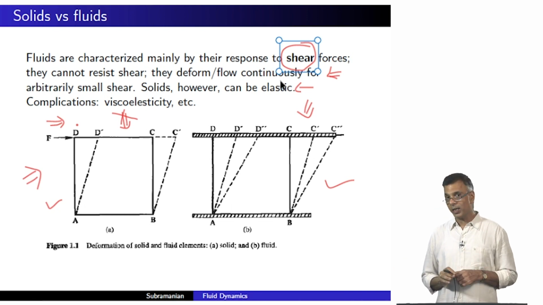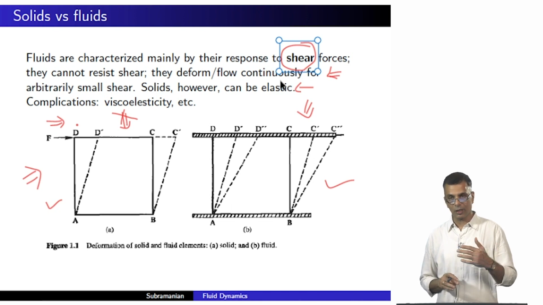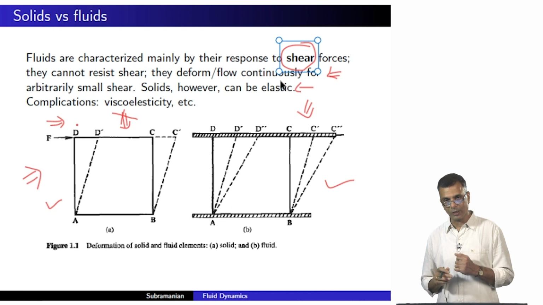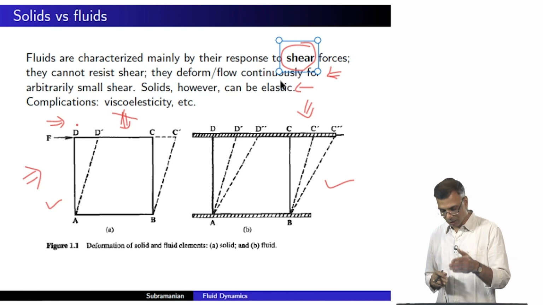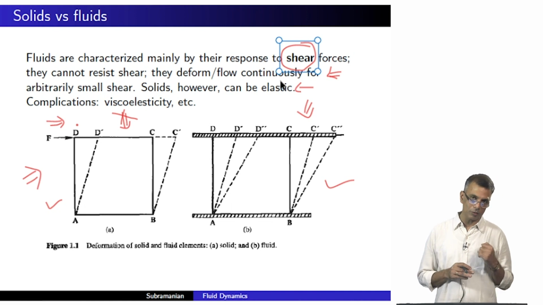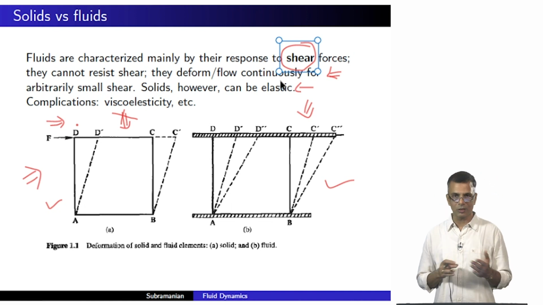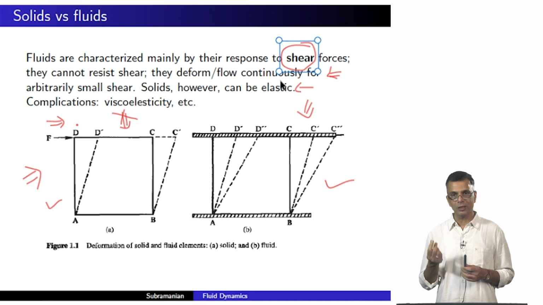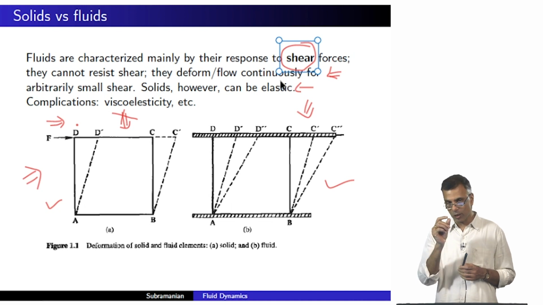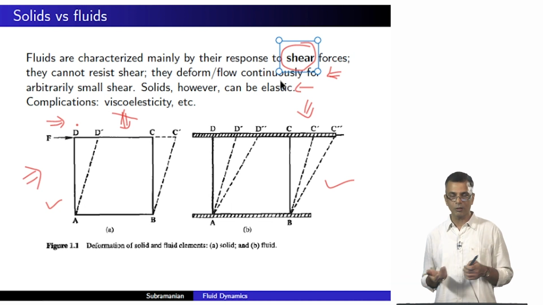There are complications. There are materials which display characteristics of both viscosity as well as elasticity. Viscosity refers to fluids. Elasticity refers to solids. In some sense they are the same, but for instance, nanoparticles of water. You think of water as a fluid, right?